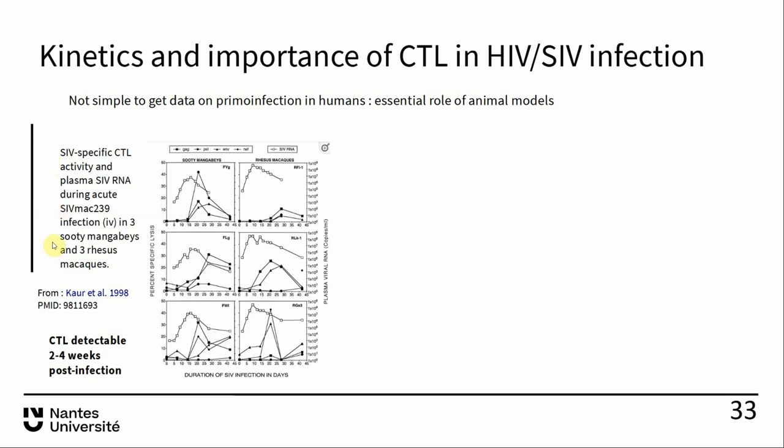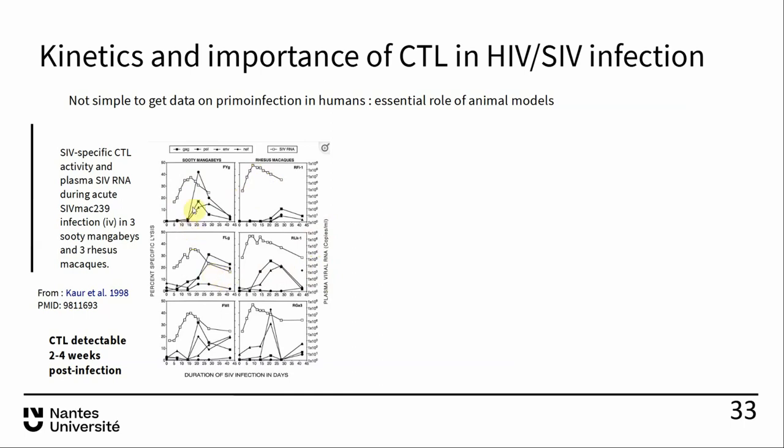So here, I'm showing results from a paper published in 1998, where they had like 3 animals infected with SIV, either sooty mangabey or rhesus macaques. Now, what you want to look at here, the empty squares, the white squares, that's viral load, by PCR.